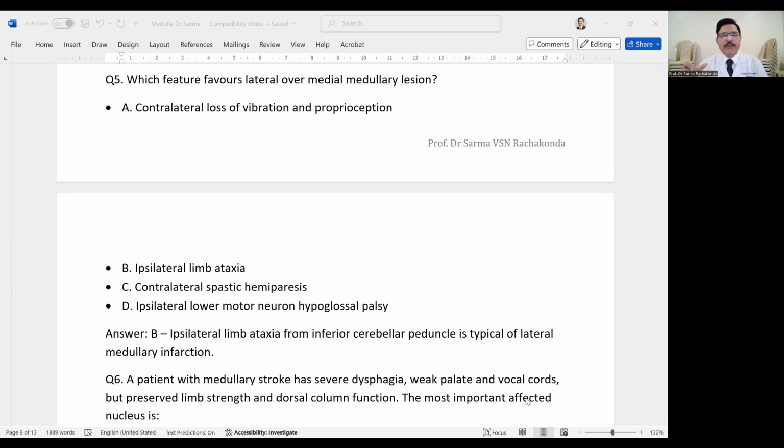Contralateral spastic hemiparesis is also medial. Contralateral loss of vibration perception is also medial. By exclusion, what is there? Ipsilateral limb ataxia is there, and that favors lateral medullary syndrome. The other three are medial medullary features, isn't it? That's why you have to answer like that. Ipsilateral limb ataxia, inferior cerebellar peduncle.